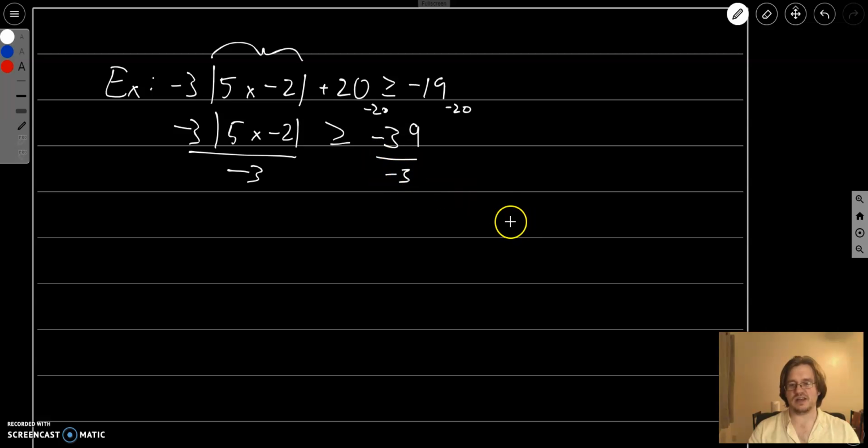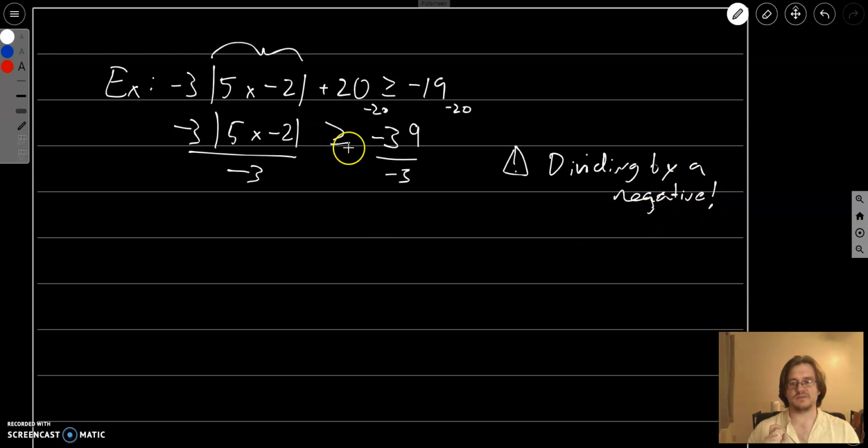And what I said should just be ringing some alarm bells. We're dividing by a negative, which means that we're going to have to flip the inequality.